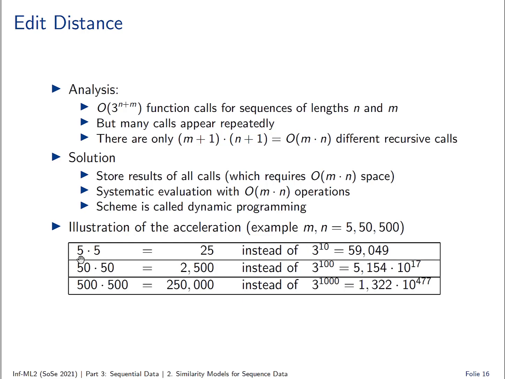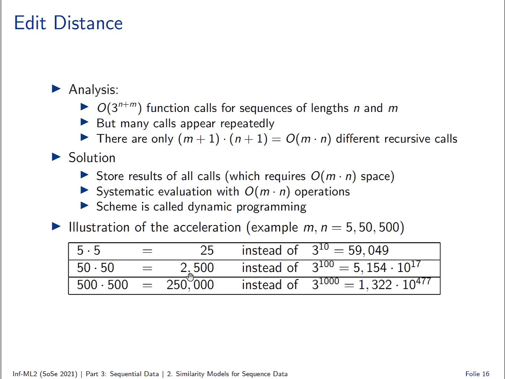You see that in terms of the speedup, with dynamic programming you have 25 computations instead of 3 to the power of 5 plus 5, which is 3 to the power of 10, almost 60,000 computations. So 25 instead of 60,000. And of course, it gets really weird if you just go up with the length of the sequences.